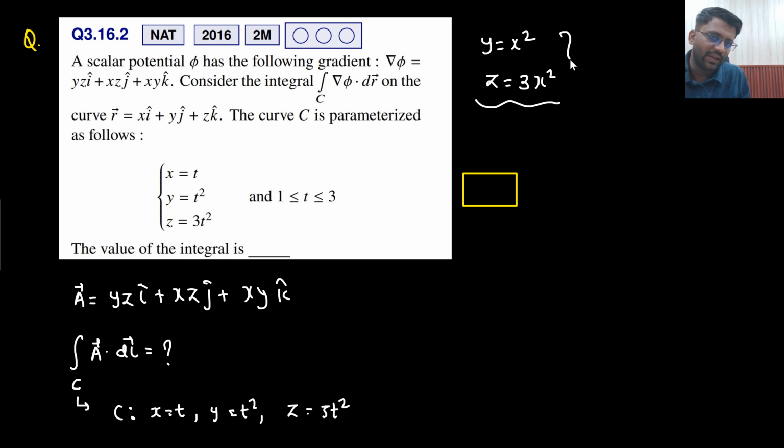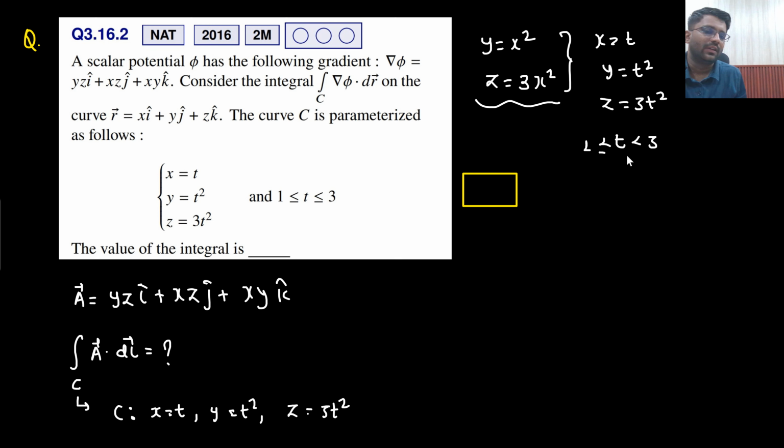So from here they determined that x is t, y is t square, and z is 3t square. We have already solved this kind of equation with t going from 1 to 3. If t goes from 1 to 3, then x goes from 1 to 3, y goes from 1 to 9, and z goes from 3 to 27.